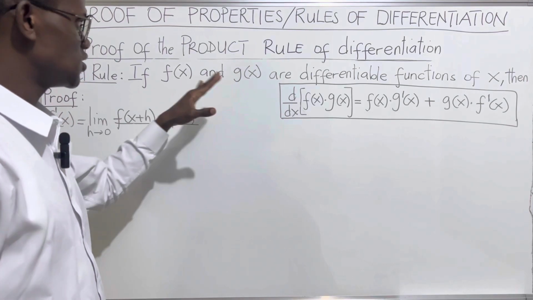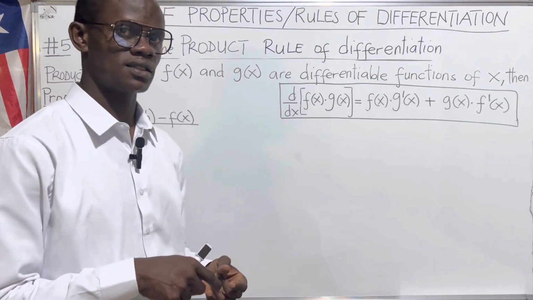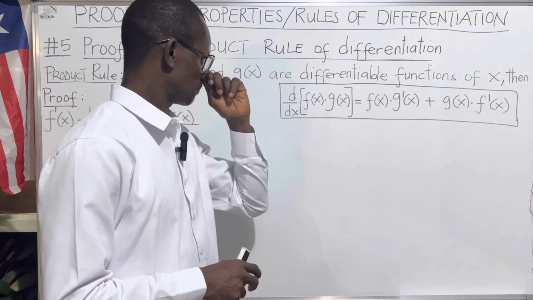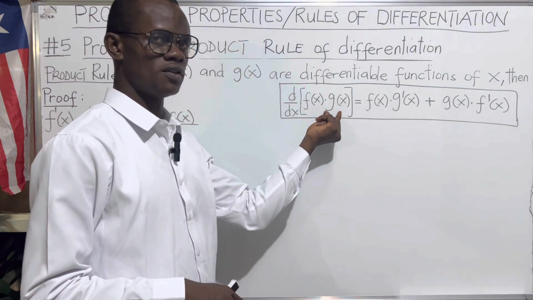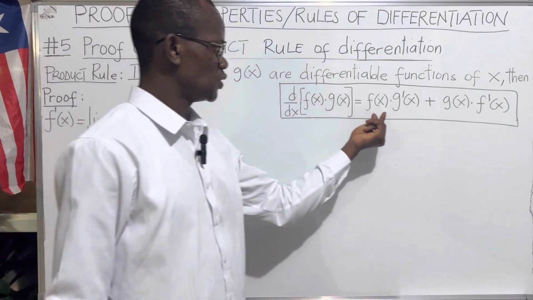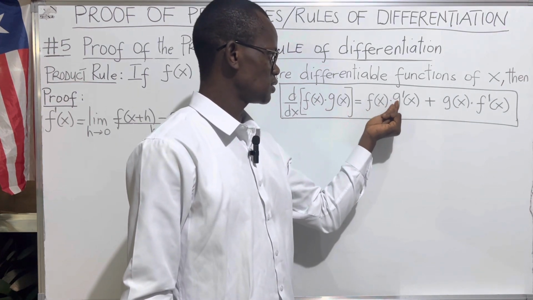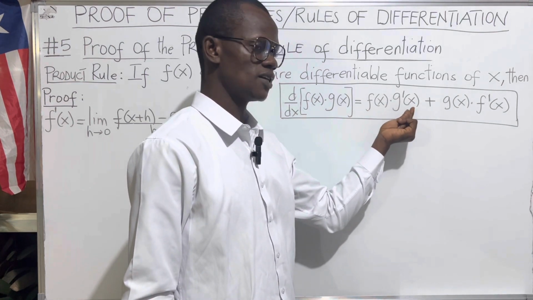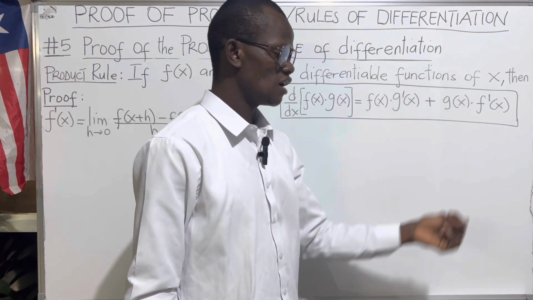So if f of x and g of x are differentiable functions of x, then the derivative of the product of these two functions will result in f of x times g prime of x plus g of x times f prime of x.